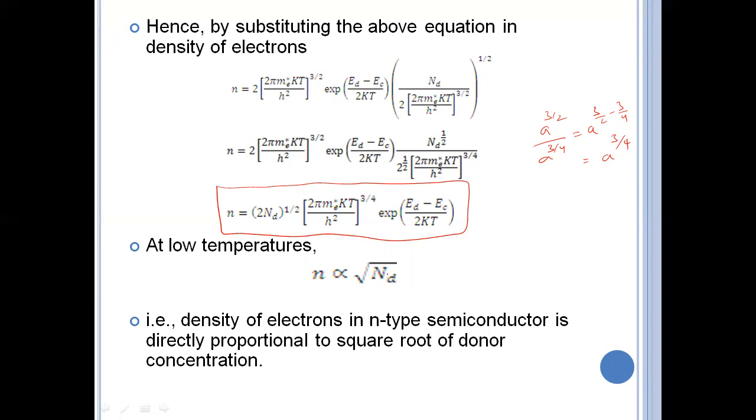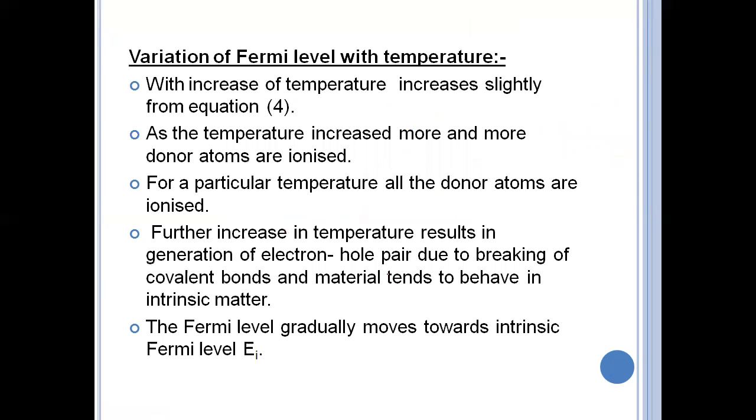Now coming back to the Fermi energy, when you see the Fermi energy expression, EF is equal to (Ec plus Ed) by 2 plus kT by 2 log of Nd by 2 into (2 pi m_e* kT by h square) power 3 by 2, whole power 1 by 2.